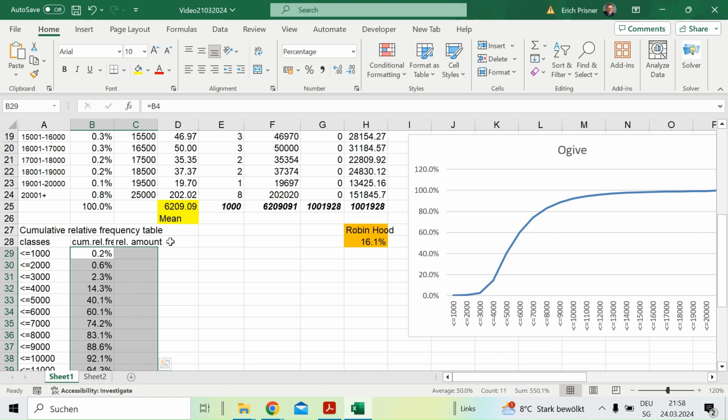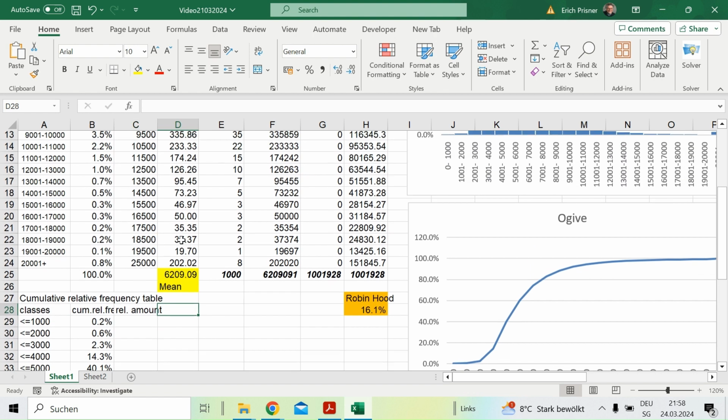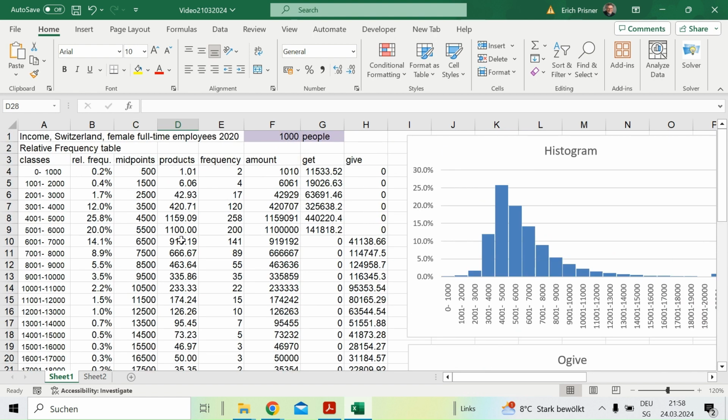Now, in principle, we could do this immediately, but I still want to use the same approach which I used in video number 4 when we talked about Robin Hood index, because then we go about absolute amounts. And this is a little easier to conceptualize, I suppose, talking about absolute amounts first and then going from absolute amounts to relative amounts.